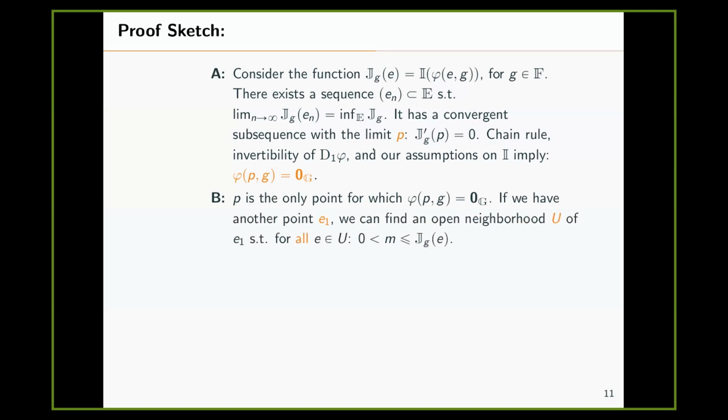Here, to prove this point is unique, we will use the mountain pass theorem. We suppose that we have another point E sub 1 that satisfies this equality. We will try to create an environment to use the mountain pass theorem for this function and these two points.